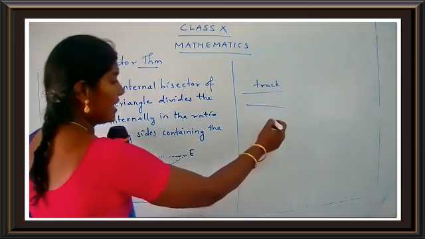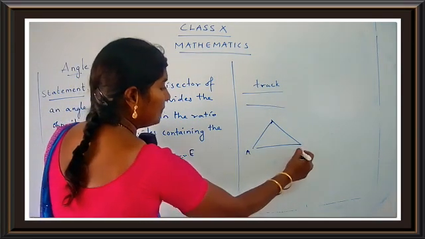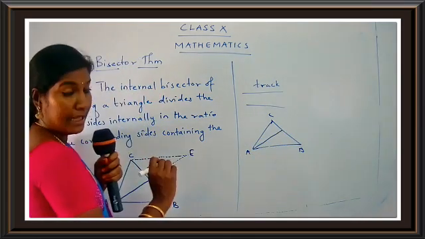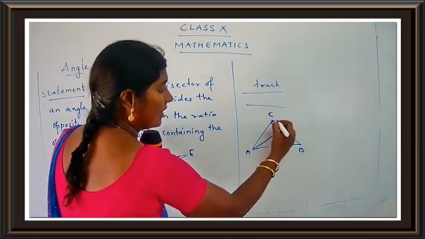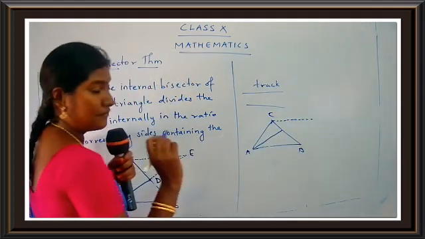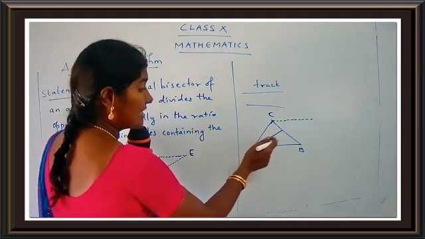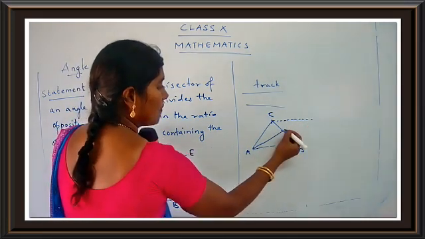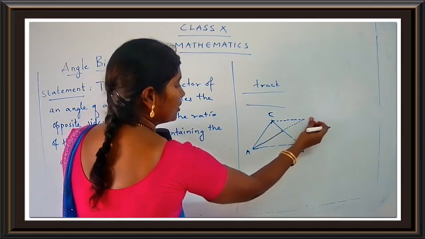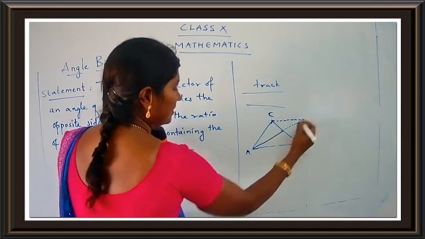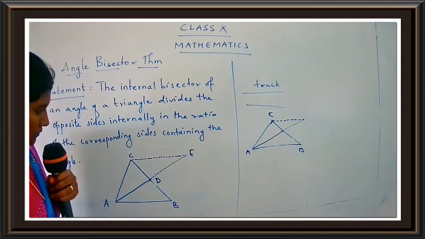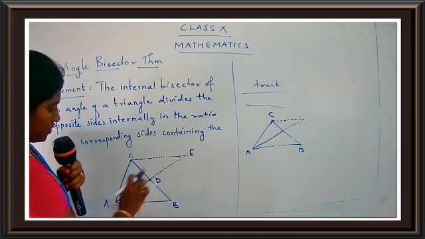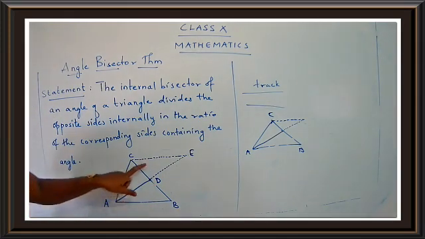First of all, a triangle ABC. Then you have to draw the internal bisector. After this, you have to draw the parallel line. This is a parallel line. After completing the parallel line, you are going to extend this line, and you are going to give the names E and D. So try to draw properly so that the triangle should look almost the same.